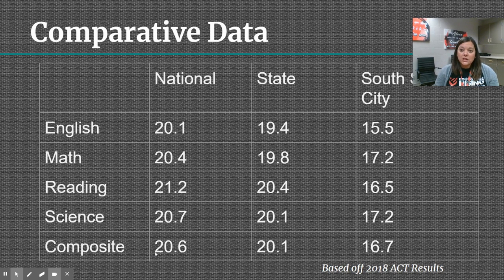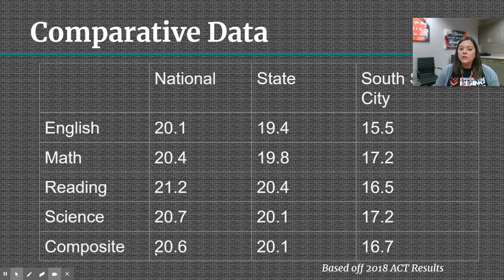But I also like to take a look at the state and the school average, because if you're applying to University of Nebraska at Lincoln, University of Nebraska at Omaha, Kearney, any of those schools that are in the state of Nebraska, it's very likely that you're going to be competing for admissions with other students from the state of Nebraska.